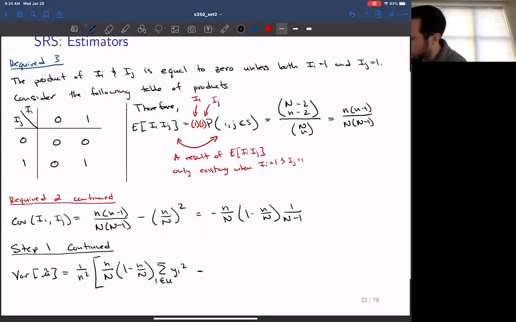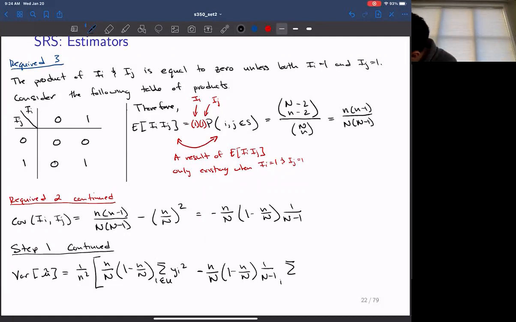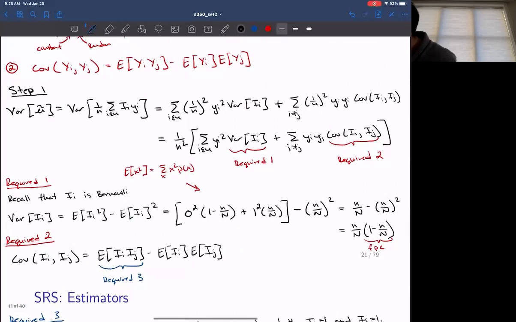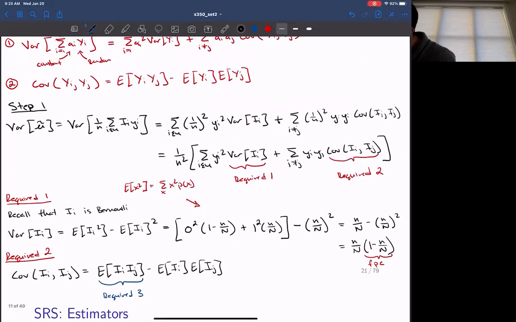So here we're going to have our result for the covariance, and then we're going to multiply by the sum across all i not equal to j, ij in u. I'll make this a semicolon, and I'll do that on both for consistency.